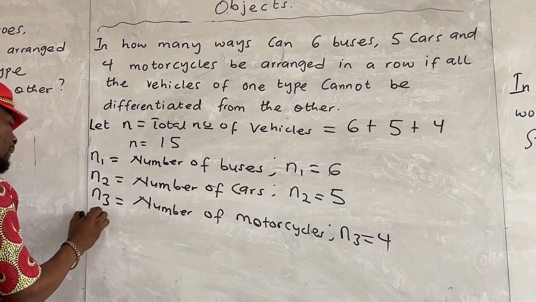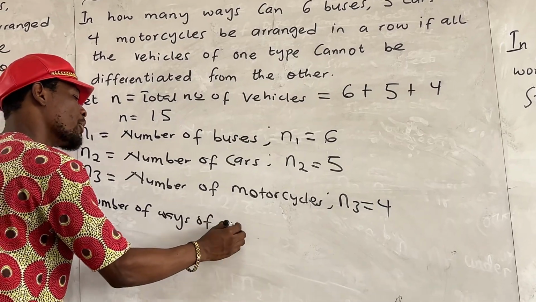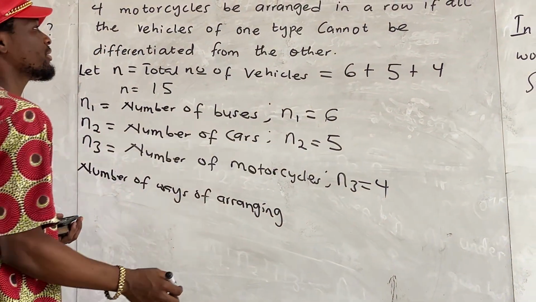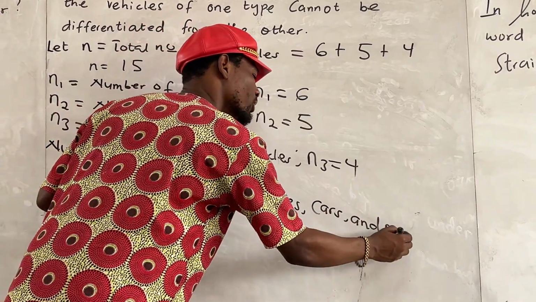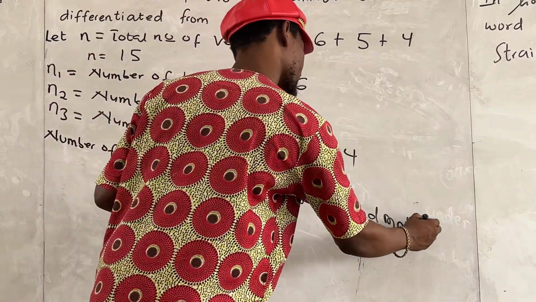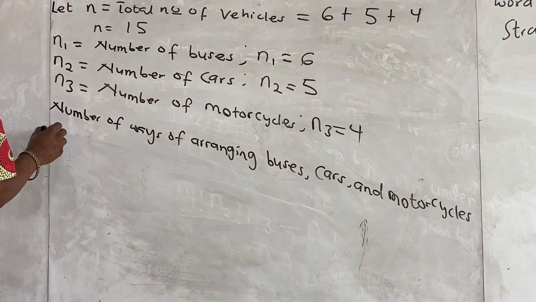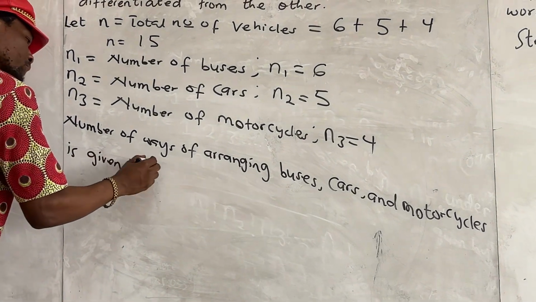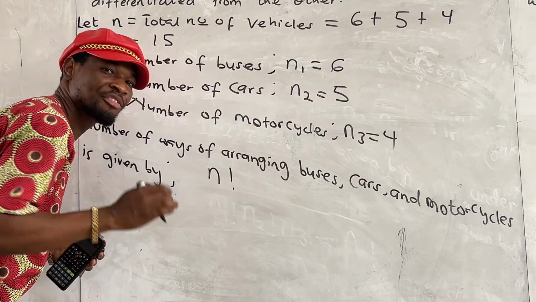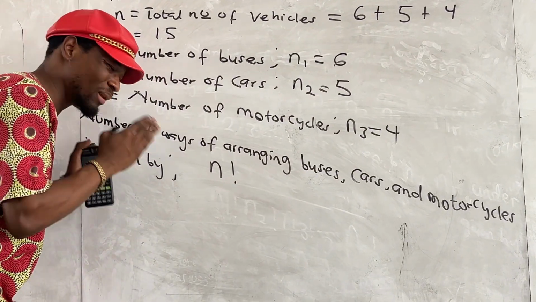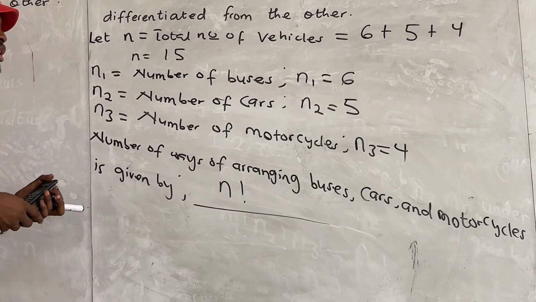The number of ways of arranging the buses, the cars, and the motorcycles is given by, remember, the formula we use: n factorial over the number of times those objects are appearing. If you are new here, visit my previous lecture videos, I've explained those things in detail.